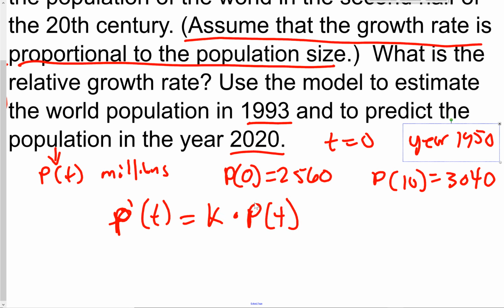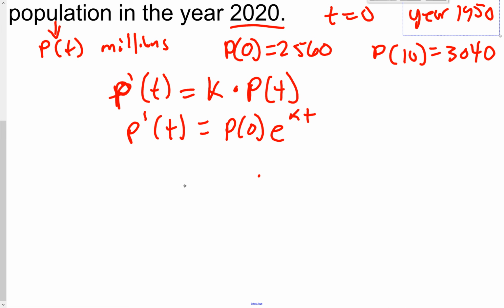So we can write it like that, and we saw from the theorem that we can use that to write P of t equals P sub 0 e to the kt.